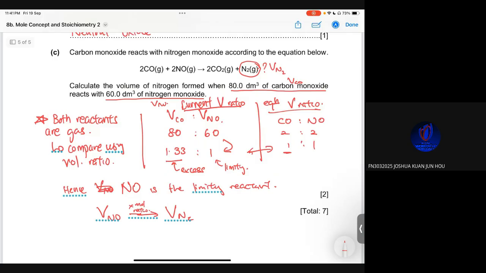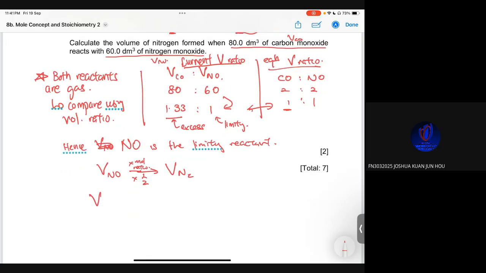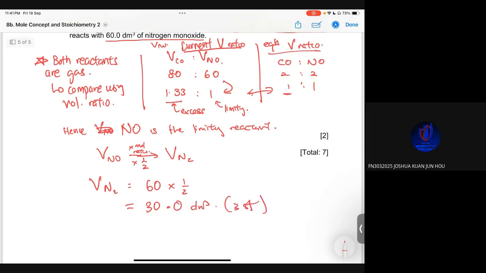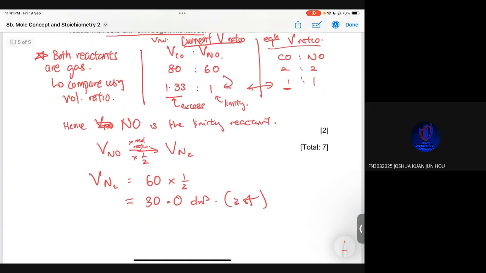N2 is 1, NO is 2, so the mole ratio is times 1 over 2. Hence, to find the volume of N2, I take 60 multiplied by half. So I'll get 30.0 dm cube (3 s.f.). That's it, end of stoichiometry 2.